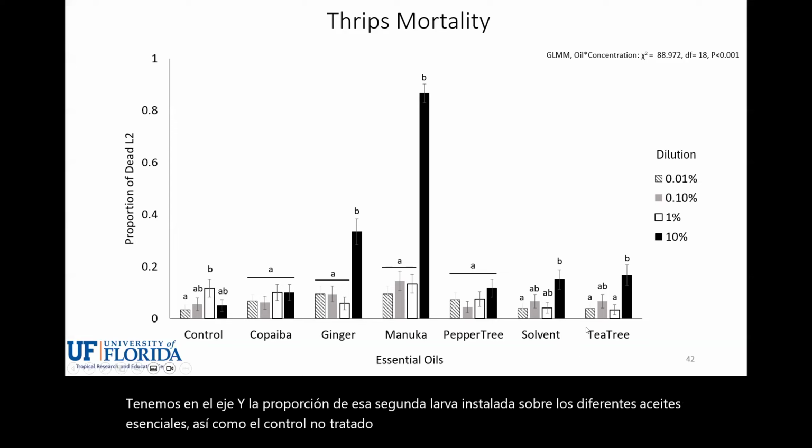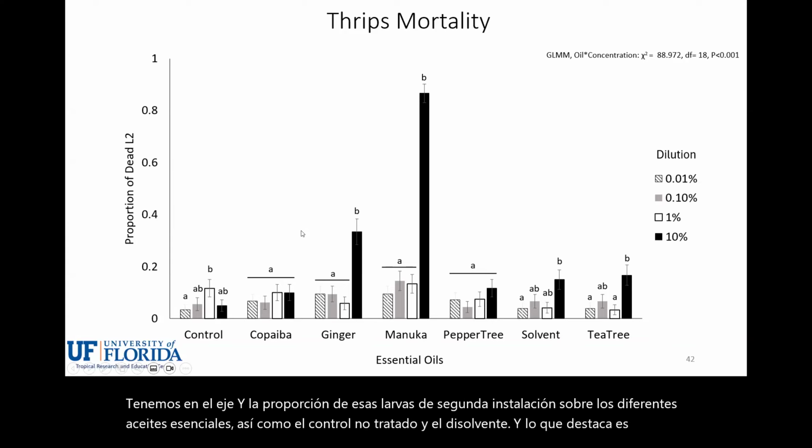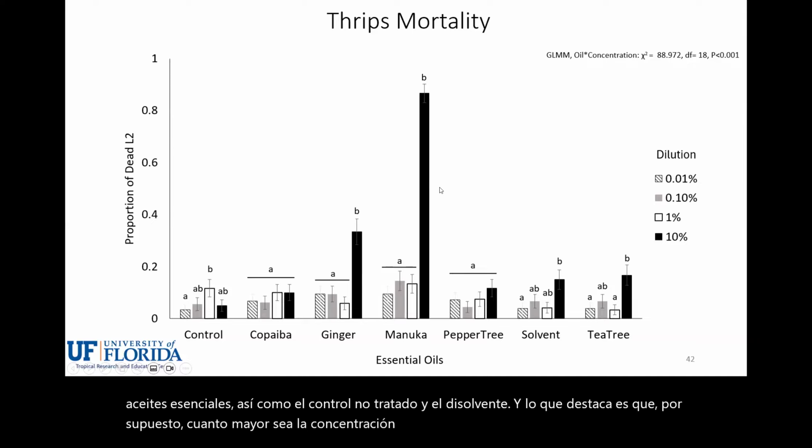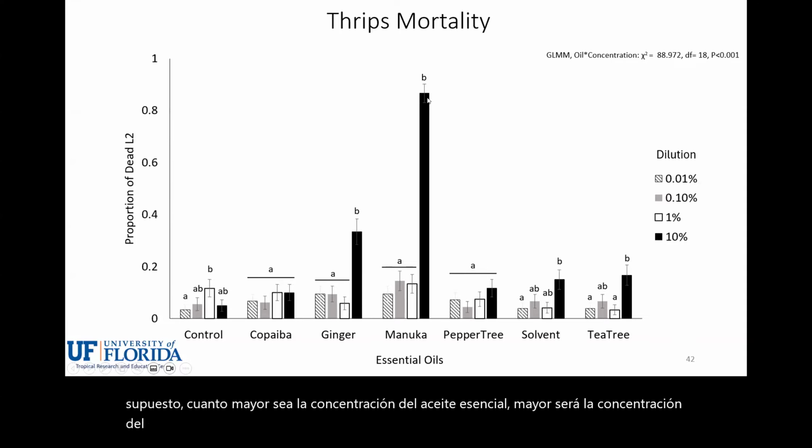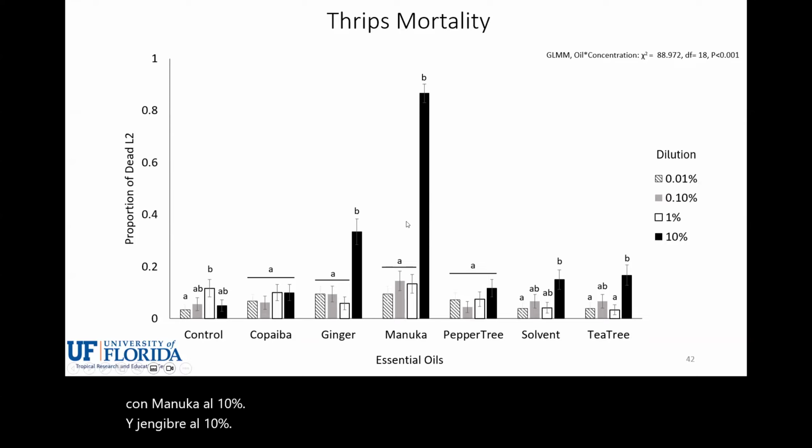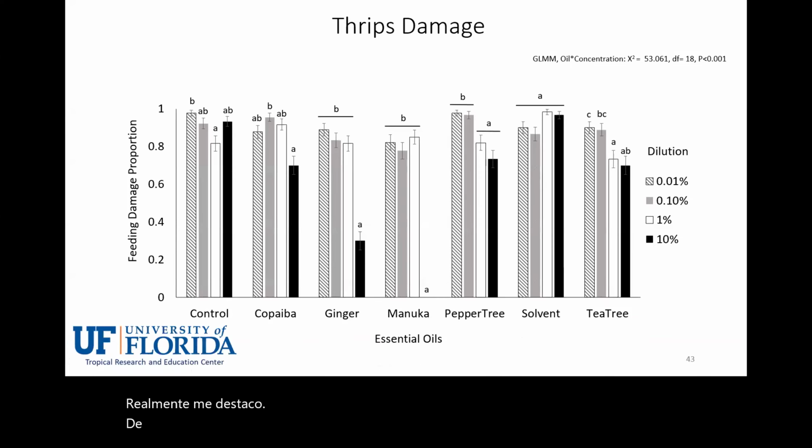And what stands out is that, of course, the higher the concentration of the essential oil, the higher the mortality, with manuka at 10% and ginger at 10% really standing out from all the essential oils.